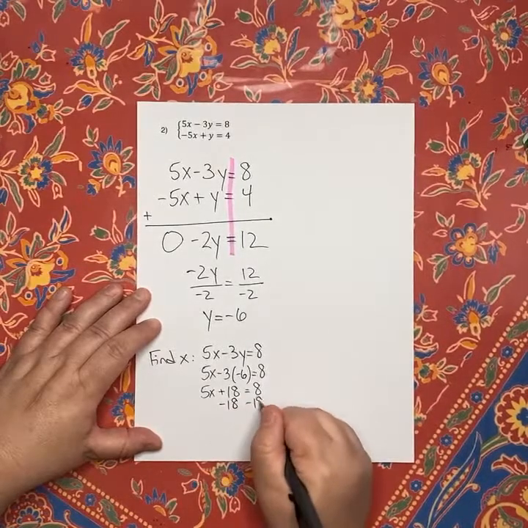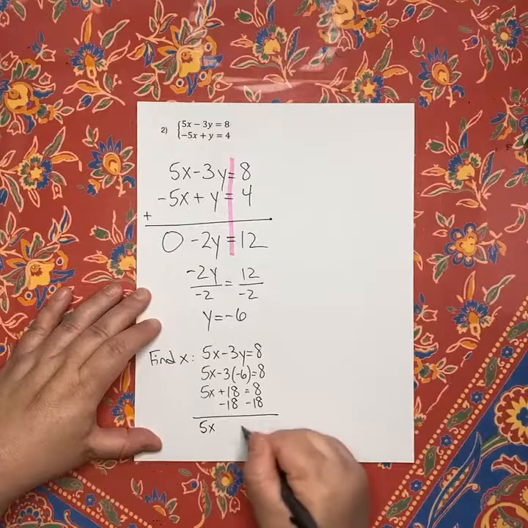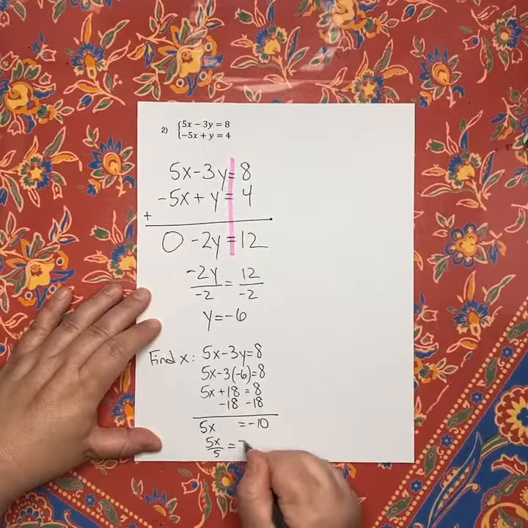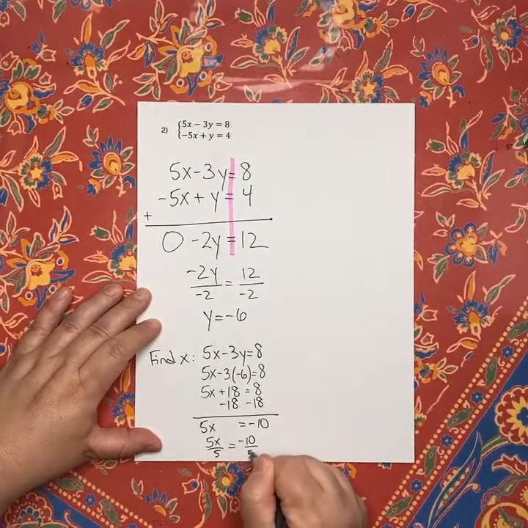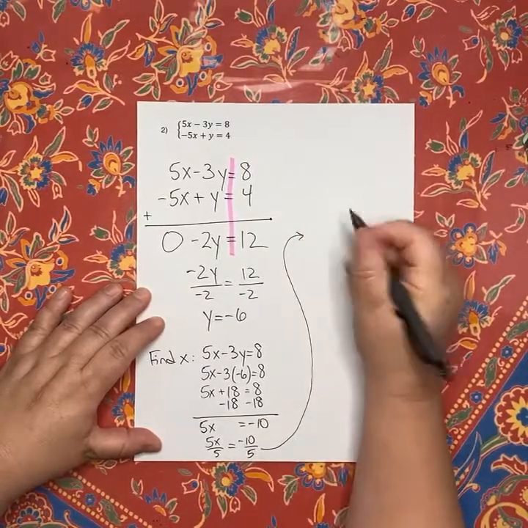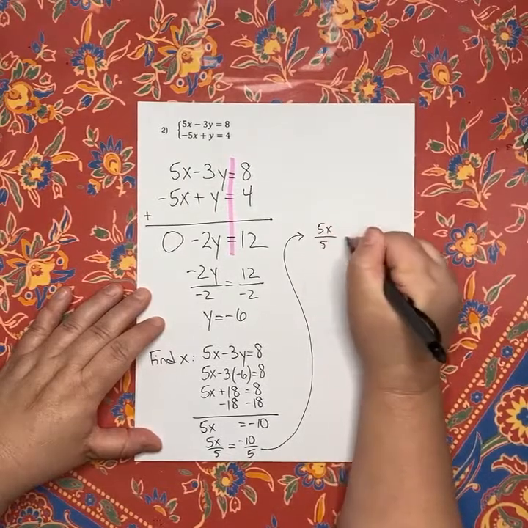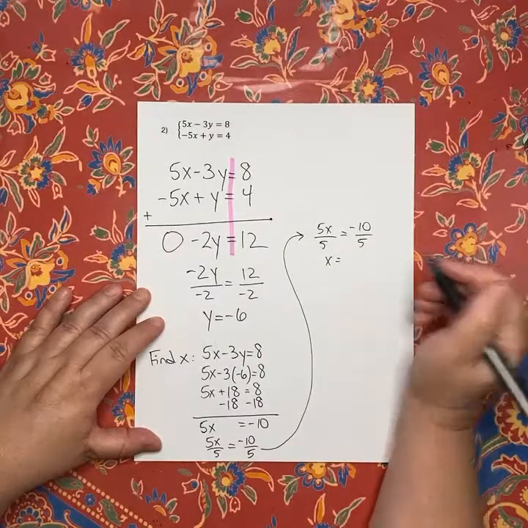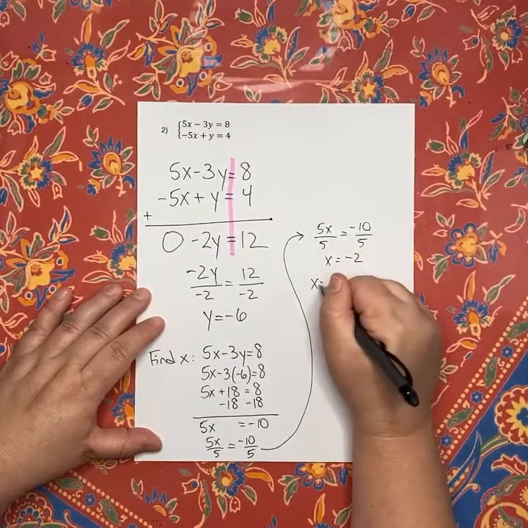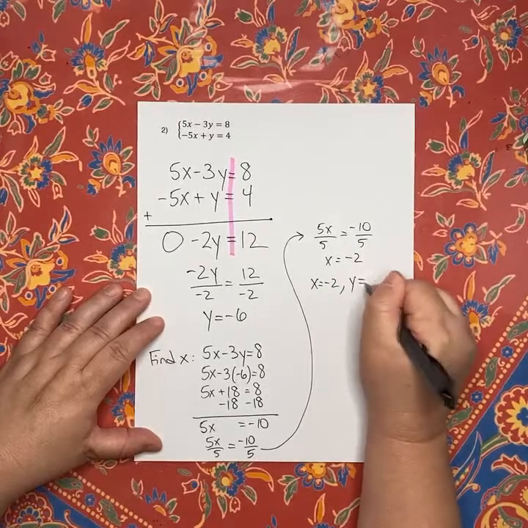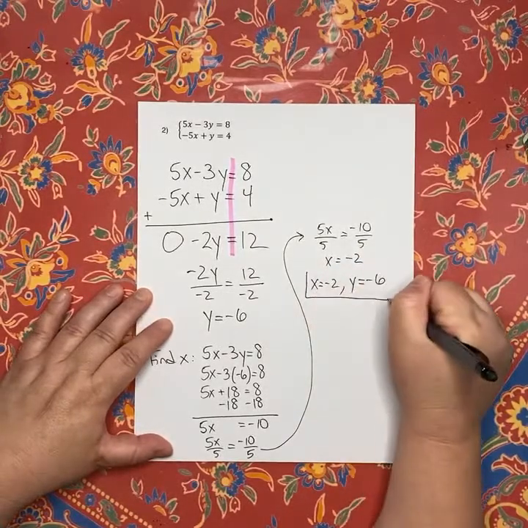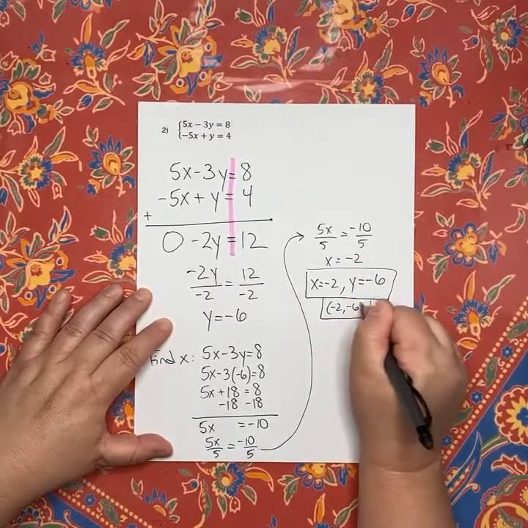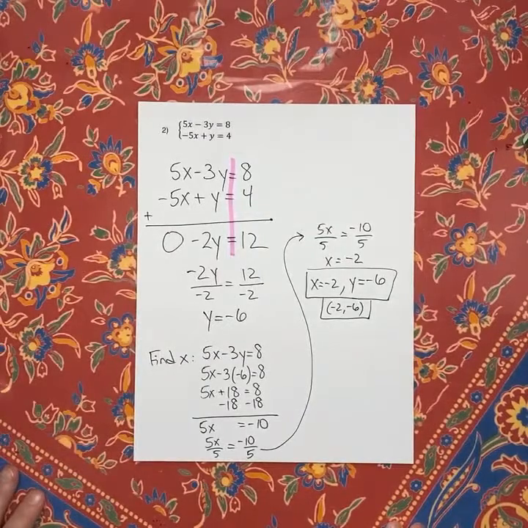Subtract 18. 5x equals negative 10. 5x over 5 equals negative 10 over 5. x equals what? Negative 2. Woohoo! x equals negative 2. y equals negative 6. Oh, and I'll build a little addition there for the ordered pair form.